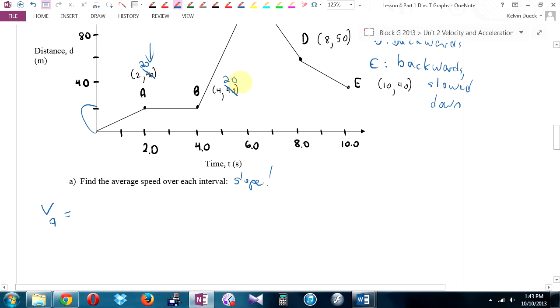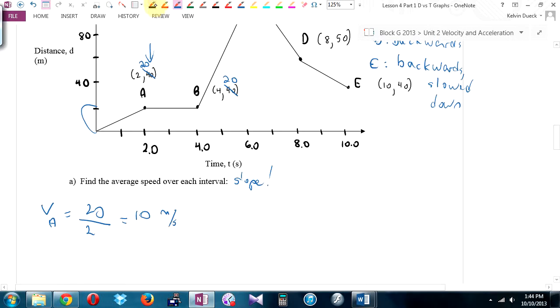So the rise is 20. What's the run? 2. Looks like for section A, our average speed is 10, and I think it's meters per second.